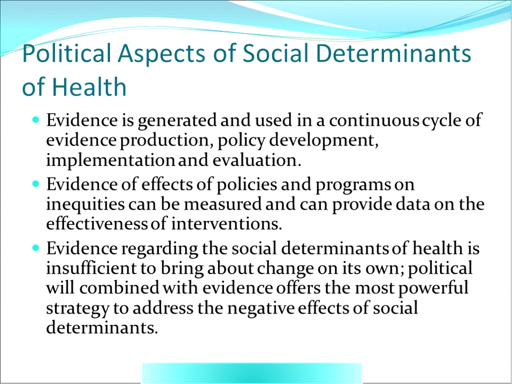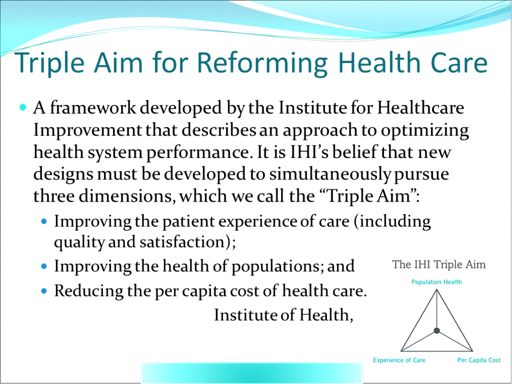Evidence of the effects of policies and programs on inequities can also be measured, and they can provide data on the effectiveness of the interventions that we seek to help individuals. Evidence regarding the social determinants of health is insufficient to bring about change on its own, however. So political will combined with evidence offers the most powerful strategy to address the negative effect of the social determinants that we talked about.